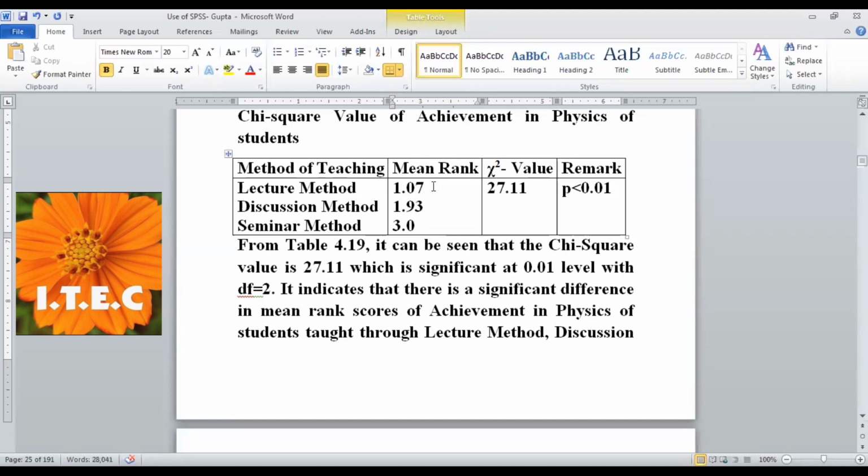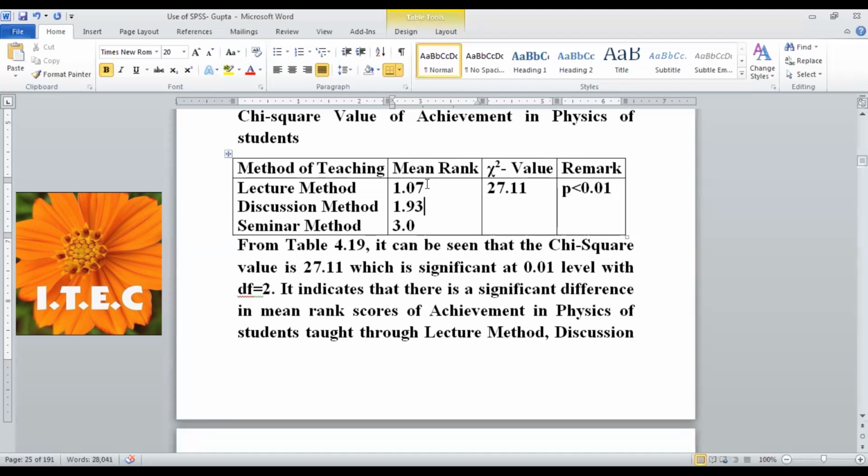Now, when they are taught through the lecture method and the same topic through the discussion method, that is why the discussion mean rank is higher than that of a lecture method. Because the same topic you are teaching with a different method, the content is the same, the people are the same. So whatever is their understanding on the basis of the lecture method, that cannot be wiped out.